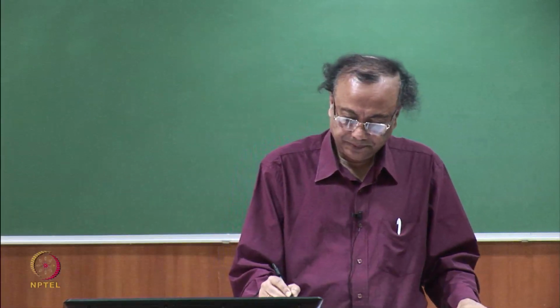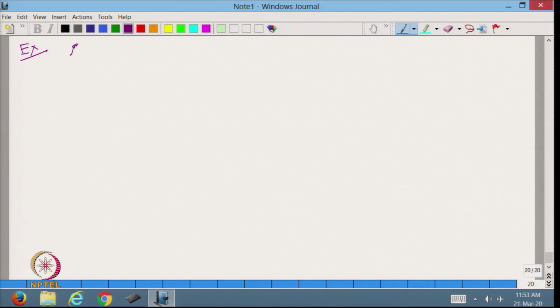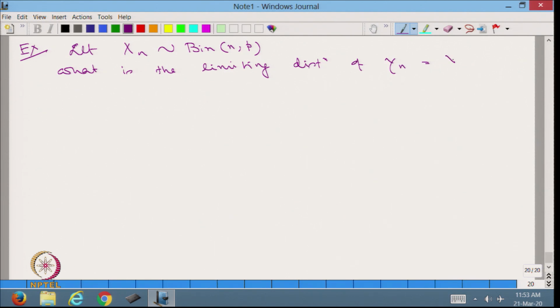Another example, let Xn be distributed as binomial with n, p. What is the limiting distribution of Yn is equal to Xn minus np upon root over npq?